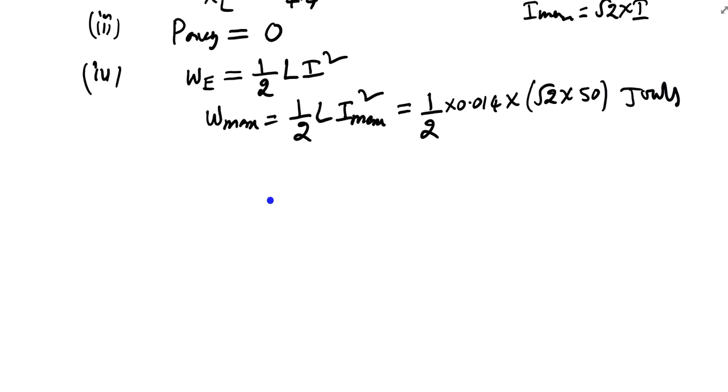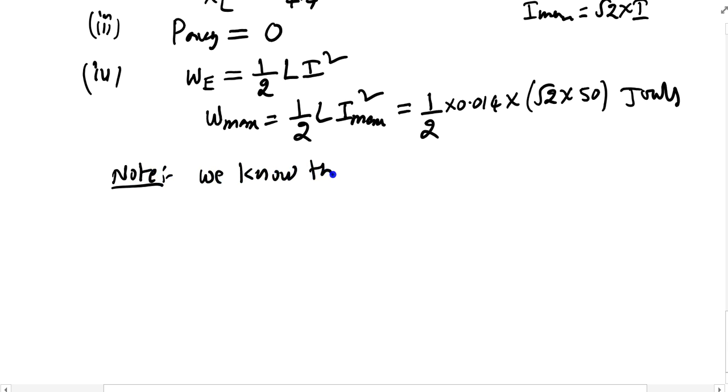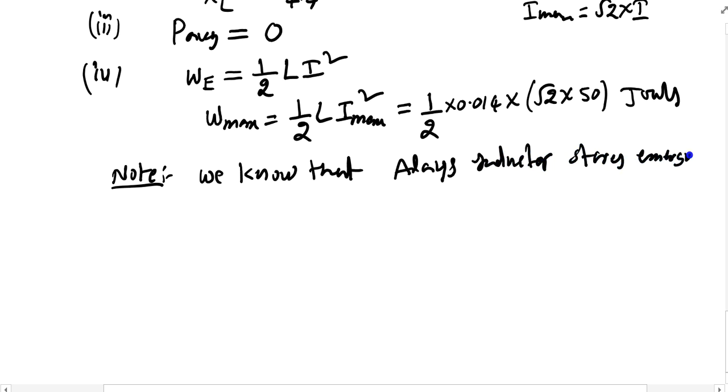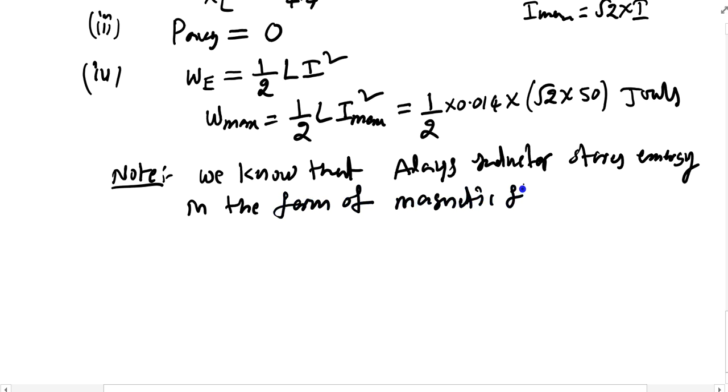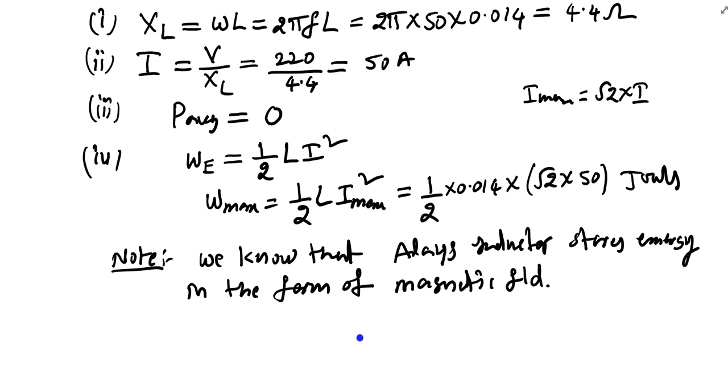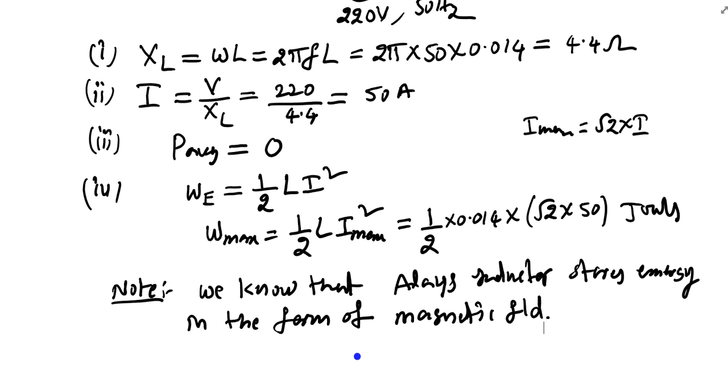Now take one note here. We know that an inductor always stores the energy in the form of a magnetic field. This is one of the points you need to remember. An inductor will always store the energy in the form of magnetic energy.